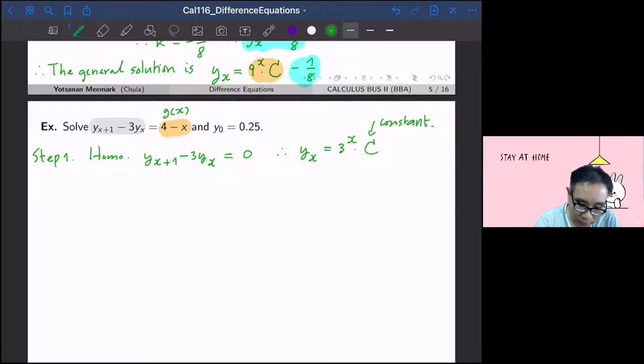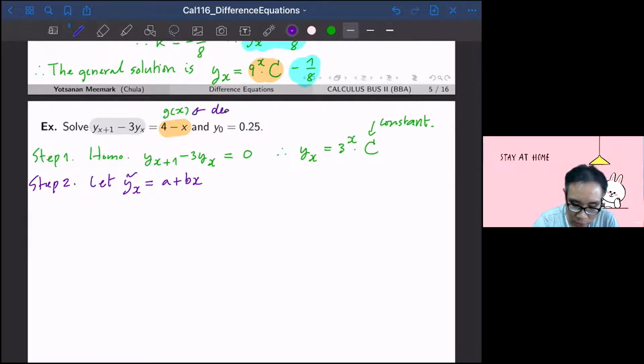Step two, you have g(x) equal to 4 minus x. So you're gonna let y tilde(x) be a polynomial of the same degree as you have up there. So I'm gonna have a plus bx. This one is degree 1.